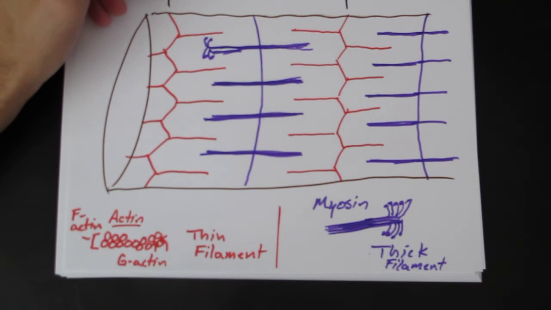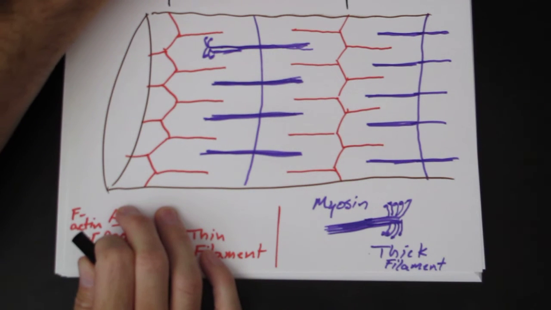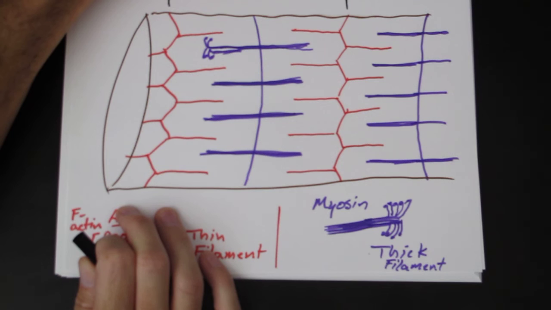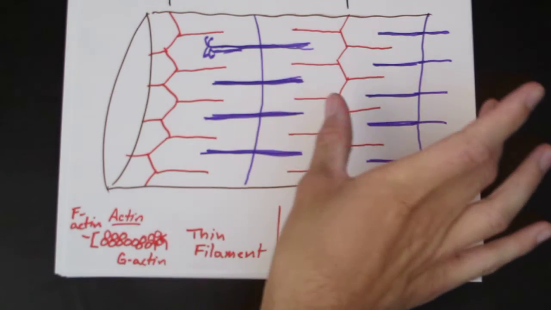And the distance from one Z-disc to the other Z-disc, this distance that we have right here, is called a sarcomere. Okay? So the myofibril itself is made up of these repeating sarcomeres, right?